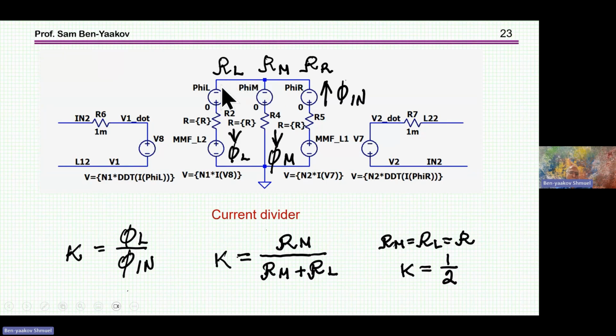The question is how much of it goes on to the other winding, and by this I can understand what the reluctances should be to get a given coupling coefficient.